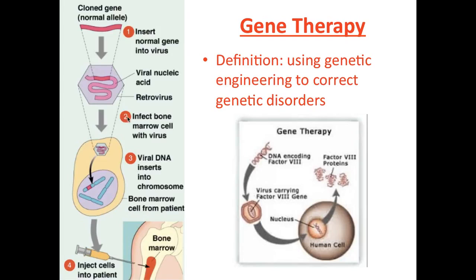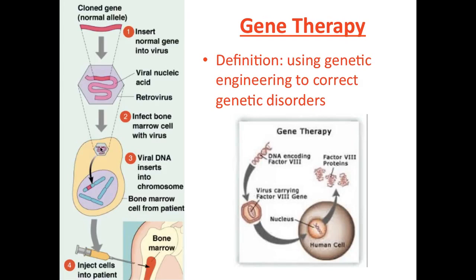Then, step 2, we can infect the target tissue, in this case it's a bone marrow cell, with that virus. So in goes the virus, infects the cell, and in the process of infection, normally a virus ends up sticking its genetic material into the host cell, so that's just a normal process.